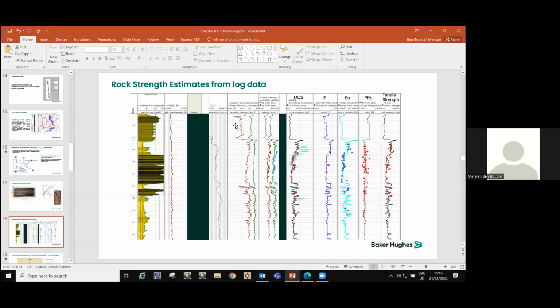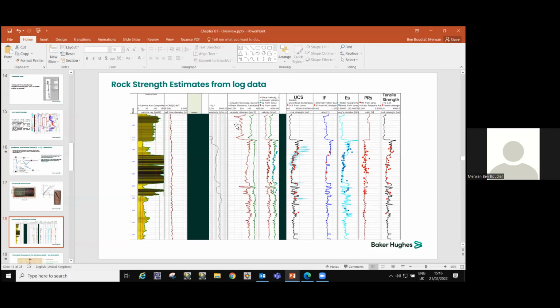This is what we call slow formations, and usually those are either shale or unconsolidated sandstone.